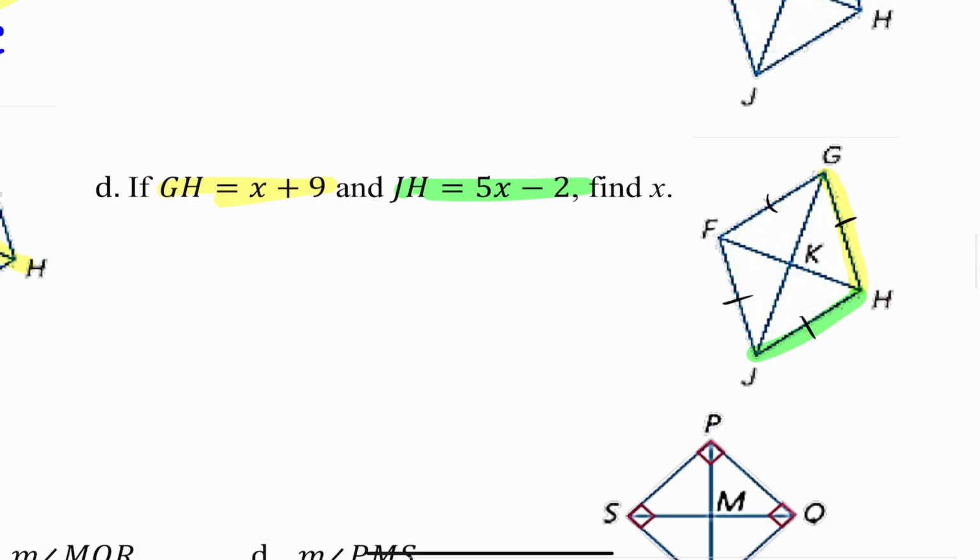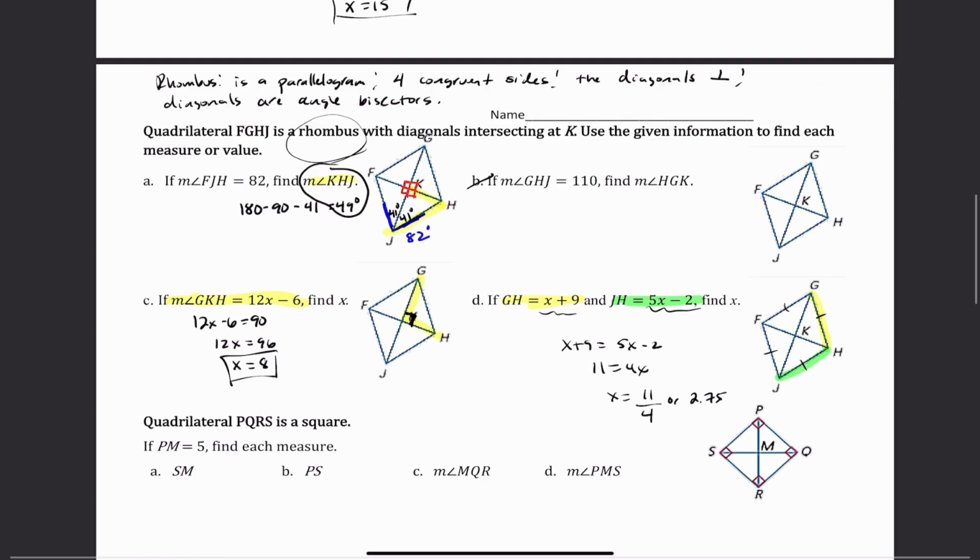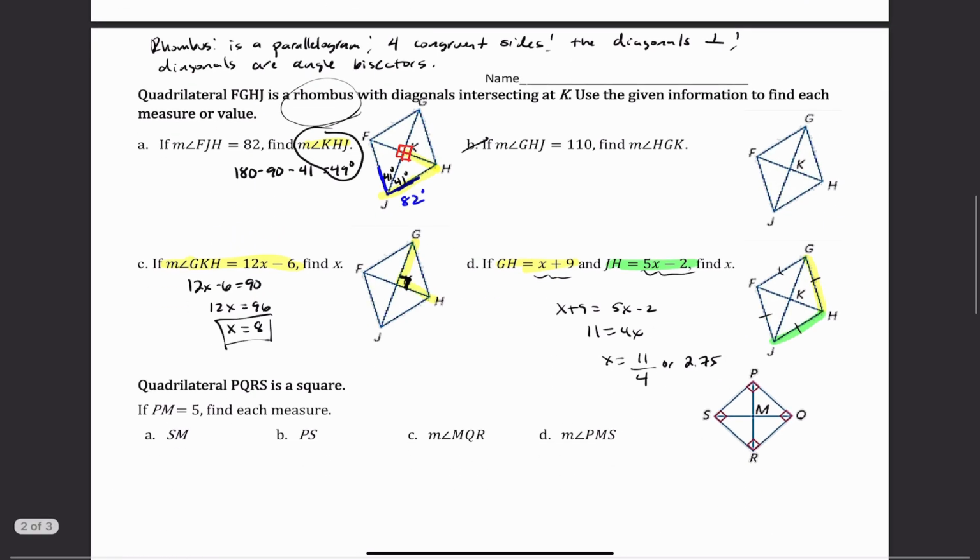So what I need to do with these two expressions here is I set them equal to each other. And what I'm going to get is x is equal to 11 over 4, or 2.75 if you want to give the decimal. All right, so those are examples of using the properties of a rhombus to our advantage.